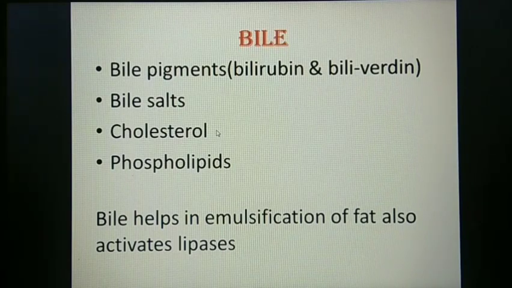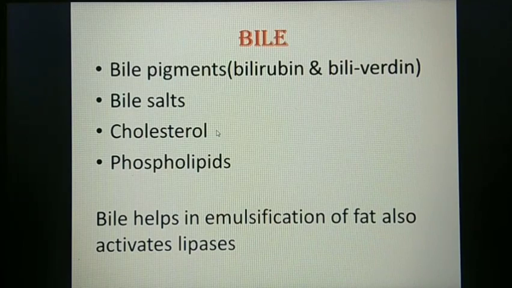Bile helps in emulsification of fat, and also it activates lipases. Bile is the secretion of the liver, which is concentrated and stored in the gallbladder until it is needed, and it is poured into the duodenum.